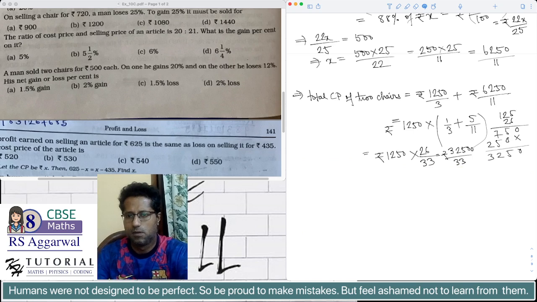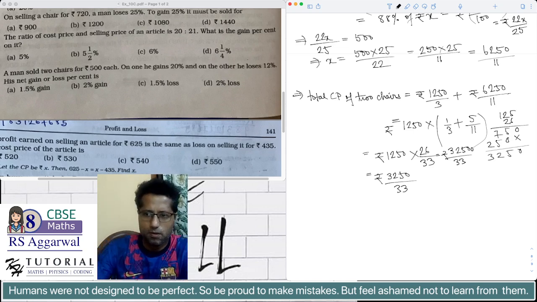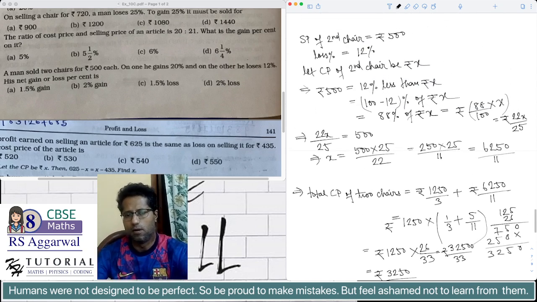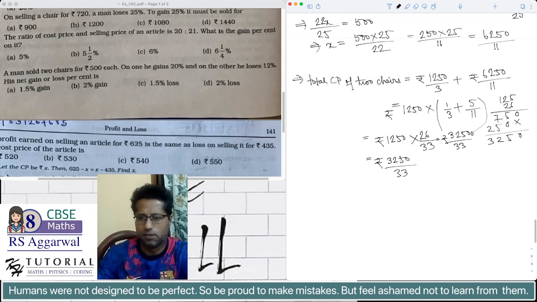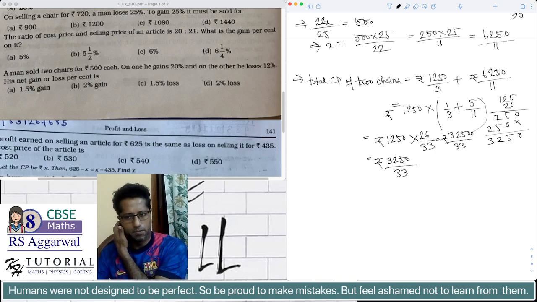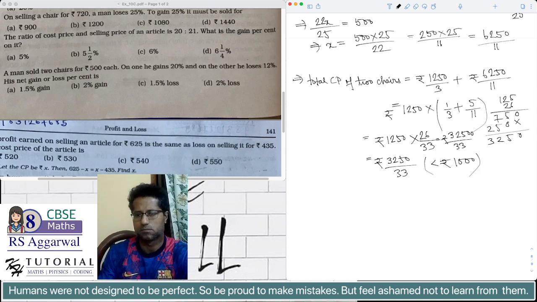Okay, so this is equal to rupees 32500 divided by 33. We know that the selling price of the two chairs is 500 plus 500 equals 1000, and the cost price of the two chairs is coming out to be 32500 divided by 33. Now this will obviously be less than 1000.